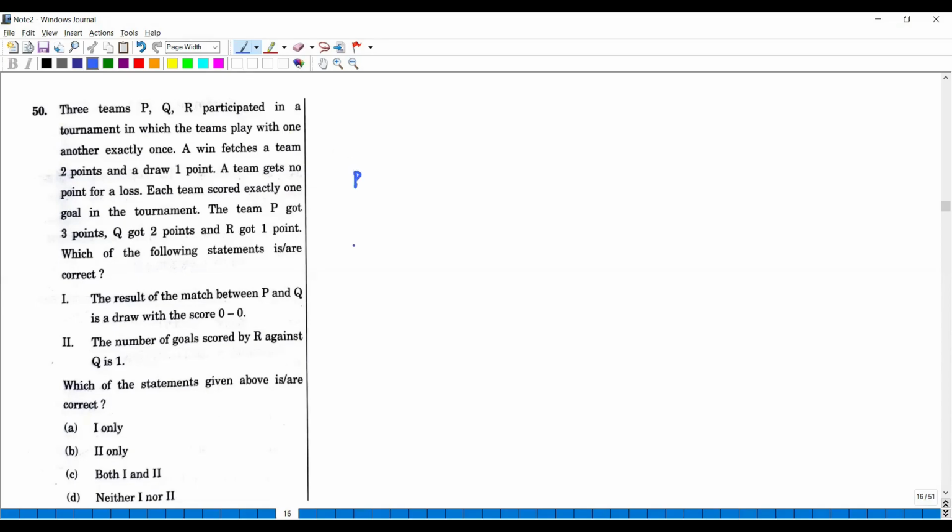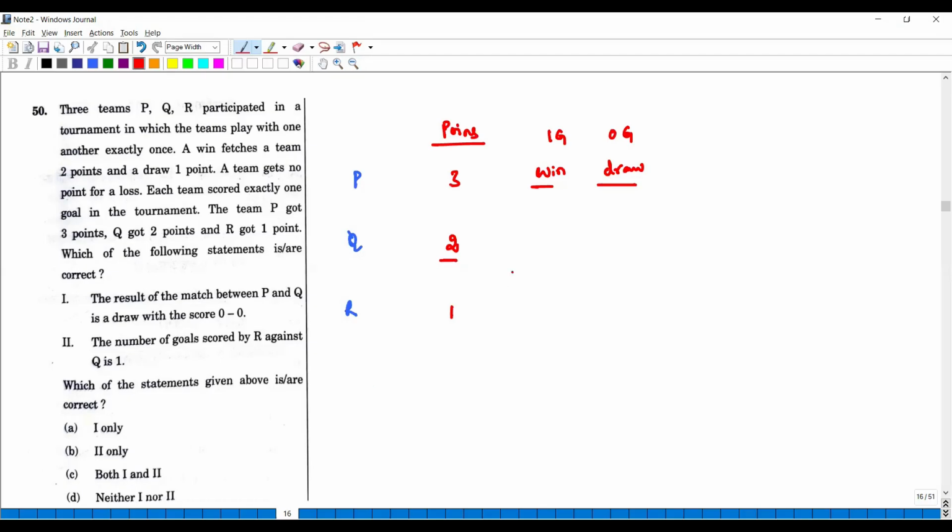So P, Q, R. So I would say the number of points, 3 points, 2 points, 1 point. So P is 1 win, 1 draw. So win means definitely you must have scored a goal. 1 goal, 0 goal here.